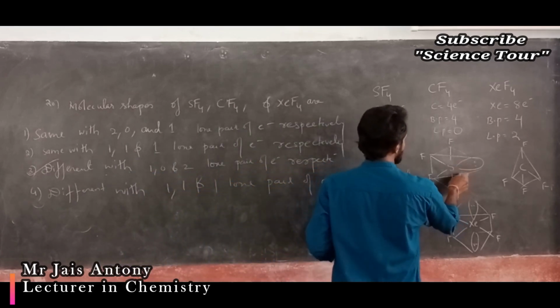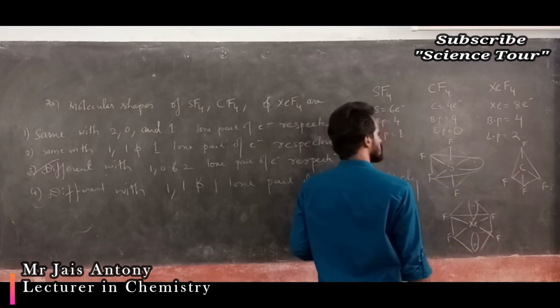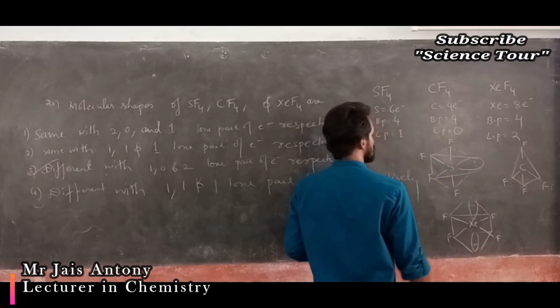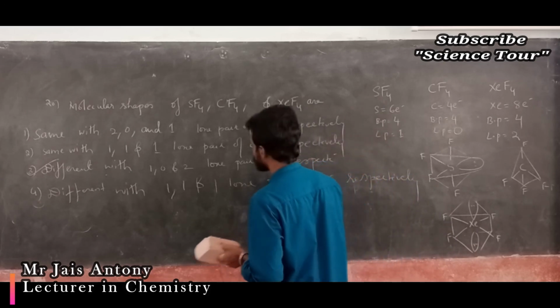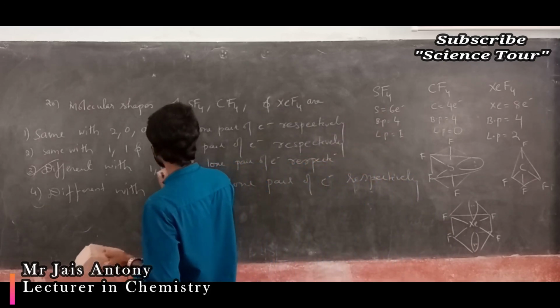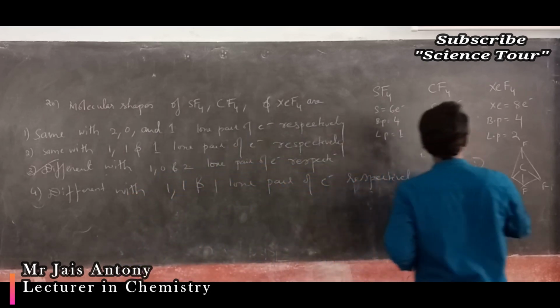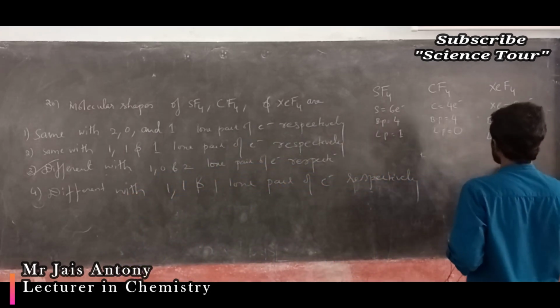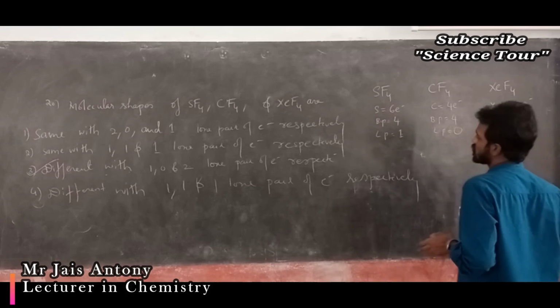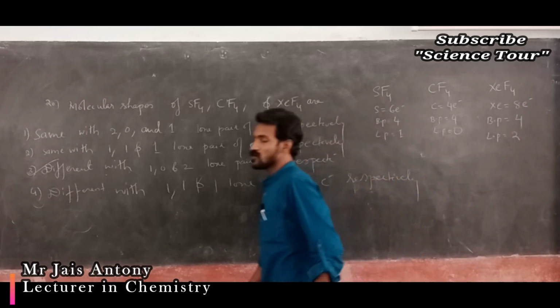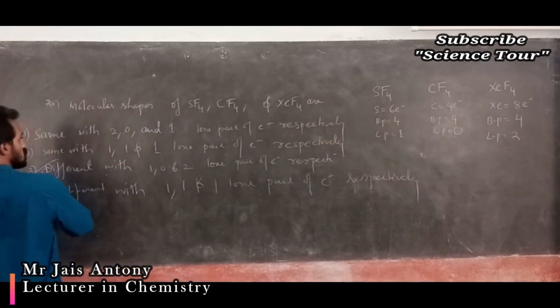This one is trigonal bipyramidal, this one is tetrahedral, and XeF4 is square planar. So the shapes are different with 1, 0, 2 lone pairs of electrons. The structure is not important, my dear students, I just explained. The shapes are different with the 1, 0, 2 electrons.